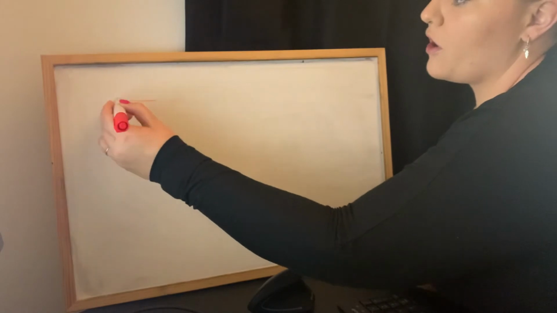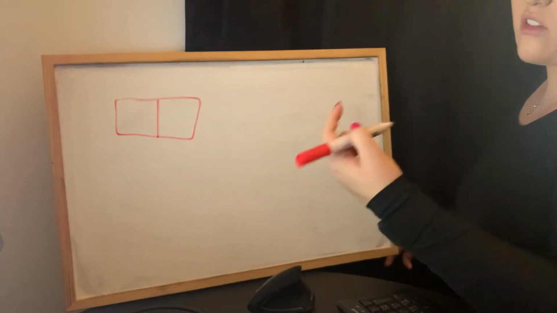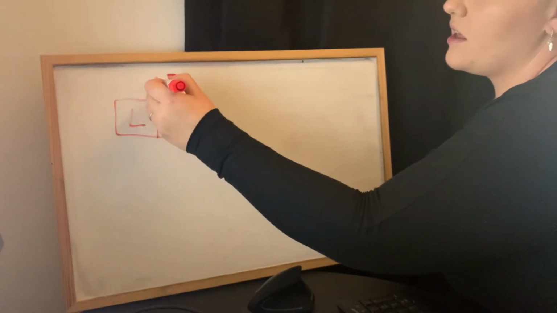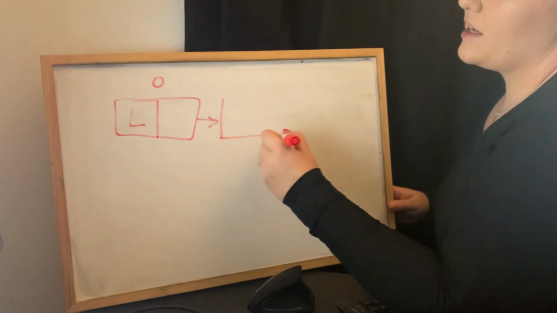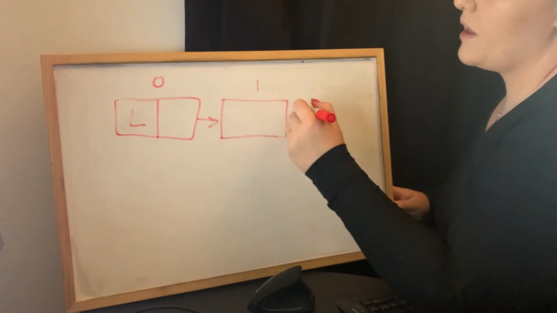Remember we've got our image, and to each one we assign letters and then say the indexing position. The reason we think about indexing positions is because we know we're going to be using an array.